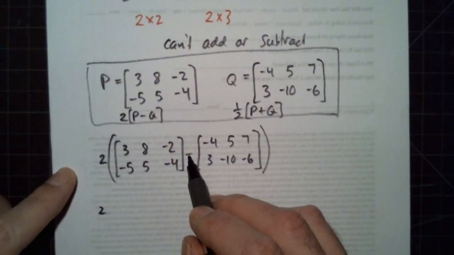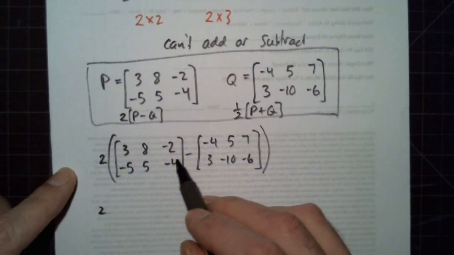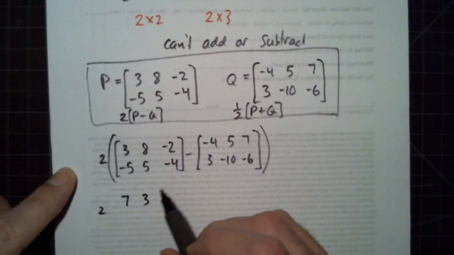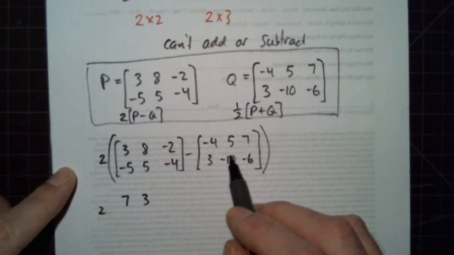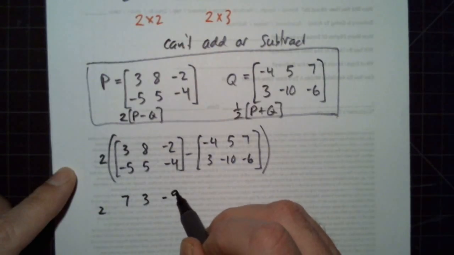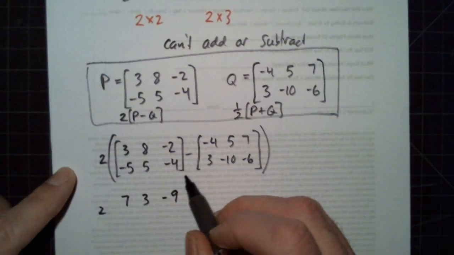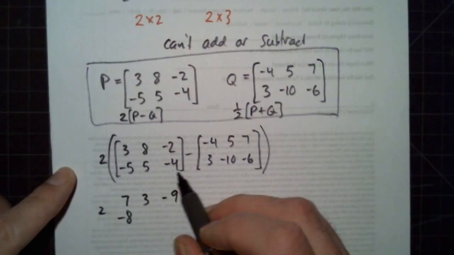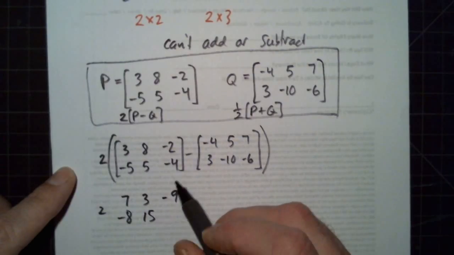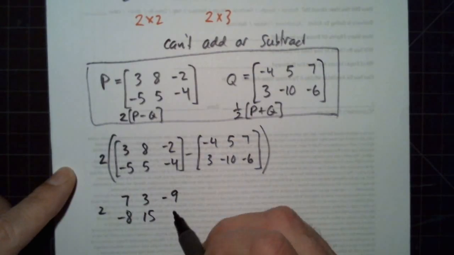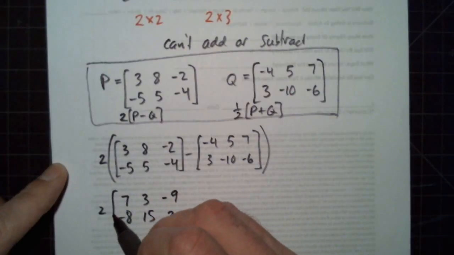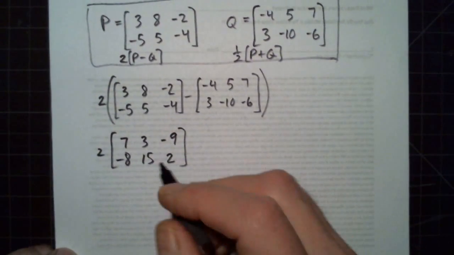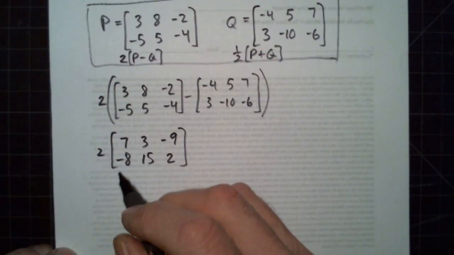So 3 minus negative 4, that's going to be 7. 8 minus 5. Negative 2 minus 7. Negative 5 minus 3. 5 minus negative 10, so that's 5 plus 10. Negative 4 plus 6. And then just multiply by 2.